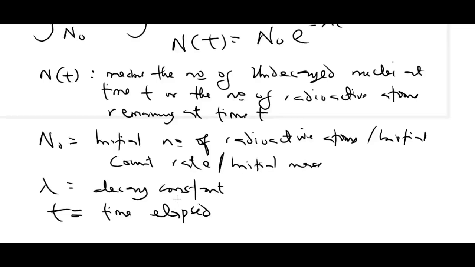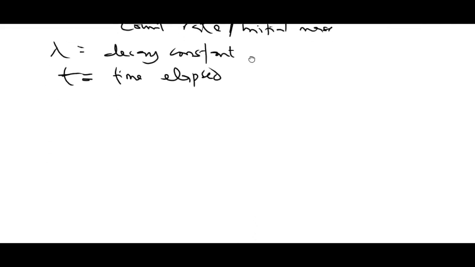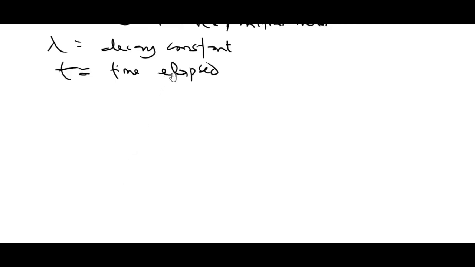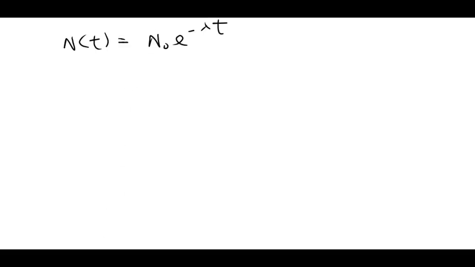All right, let's proceed from this formula and make lambda the subject of the formula. How do we go about that? So this is what we have. N(t) equals N naught e to the power of minus lambda t. Now, to make lambda the subject of the formula here, divide both sides by N naught.